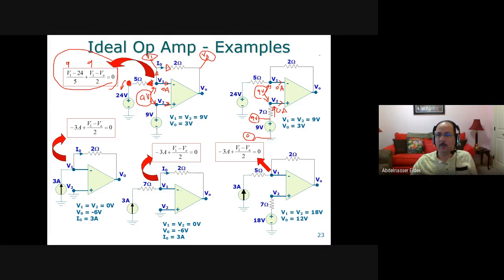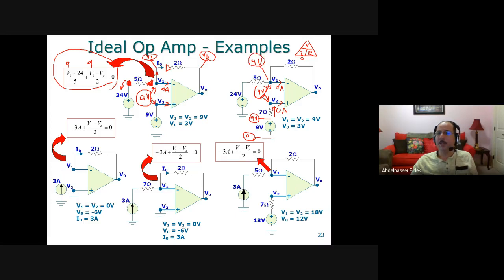Again, according to Ohm's law, V equal I times R. I is 0. Then the voltage will be 0. Then there is no voltage across the 7 ohm. Since there is no voltage across the 7 ohm, if this one is 9 volt, this one also will be 9 volt. And if V2 and V1 are the same, then in this case V1 is 9 volt.